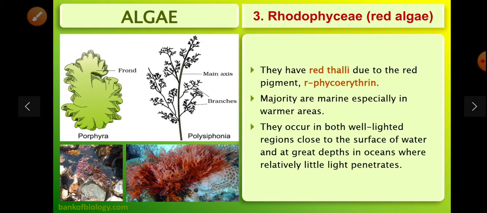Now, Rhodophyceae, that is red algae. They contain red thalli due to the red pigment, that is phycoerythrin. Majority are marine, especially in warmer areas. They occur in both well-lighted regions close to the surface of water and at great depths in the ocean where relatively little light penetrates. Means the area where less light comes.